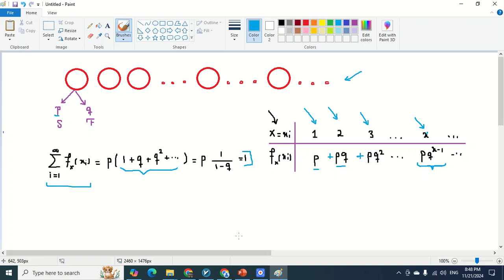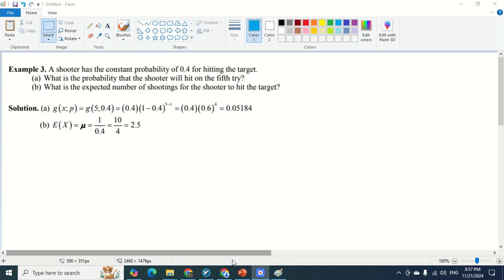Let us take a look at an example to see how we can deal with this situation. So we have one example over here about the geometric distribution. A shooter has the constant probability of 0.4 for hitting the target.